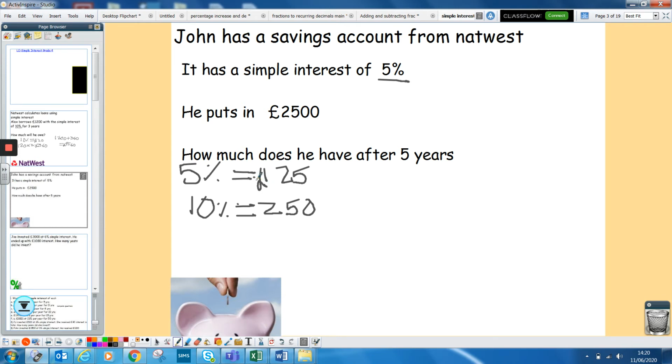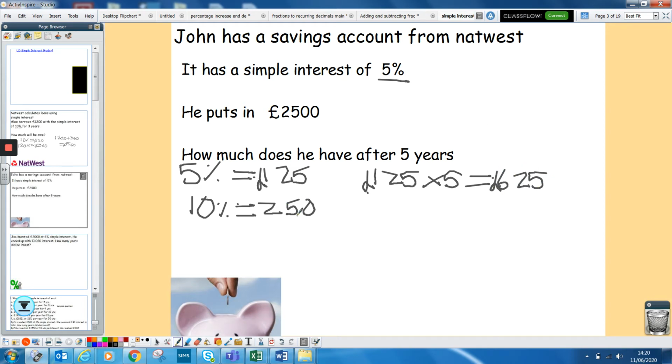He's put in this money for 5 years. Simple interest, it's simple. Interest stays the same. So £125 times by 5 will be 625. And that is the interest.